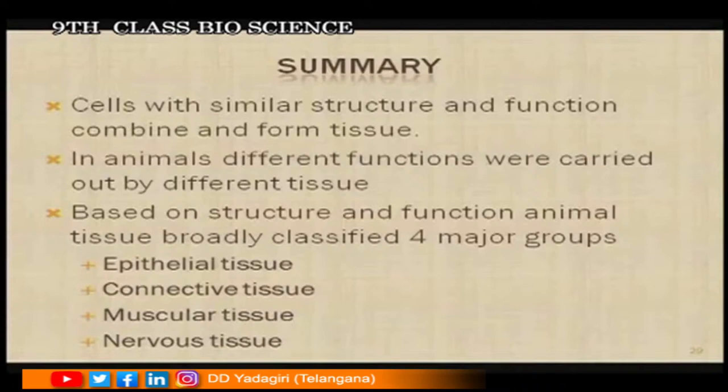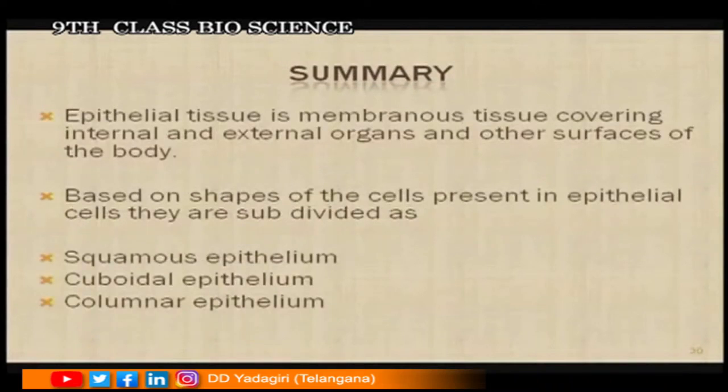Based on structure and function, animal tissue is broadly classified into 4 major groups: epithelial tissue, connective tissue, muscular tissue, nervous tissue. Epithelial tissue is a membranous tissue covering internal and external organs and other surfaces of the body.